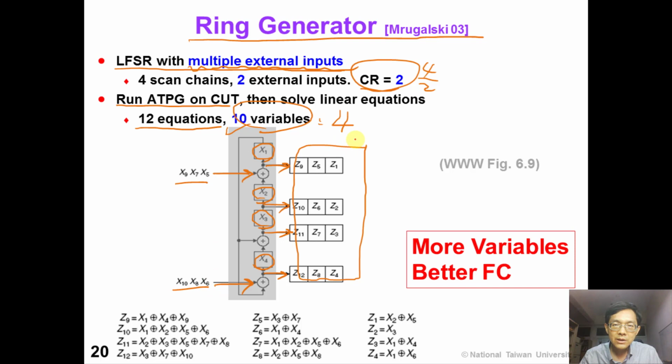Also, we have 6 external inputs. So, in conclusion, the ring generator introduces more free variables, so the probability of solving the linear equation system is higher, so the fault coverage can be improved.